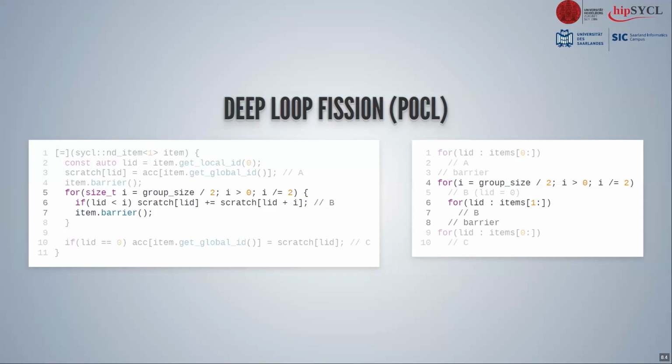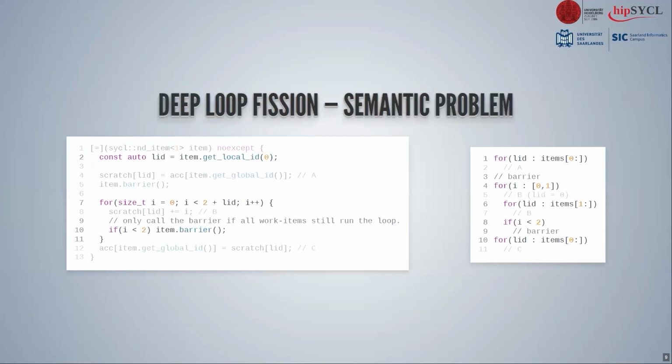This works quite well for most kernels because the assumption is that if you have a barrier in a loop, the barrier has to be reached by all the work items of a work group the same number of times. So you could assume that the loop always will be executed the same number of times because otherwise you won't be able to fulfill this requirement.